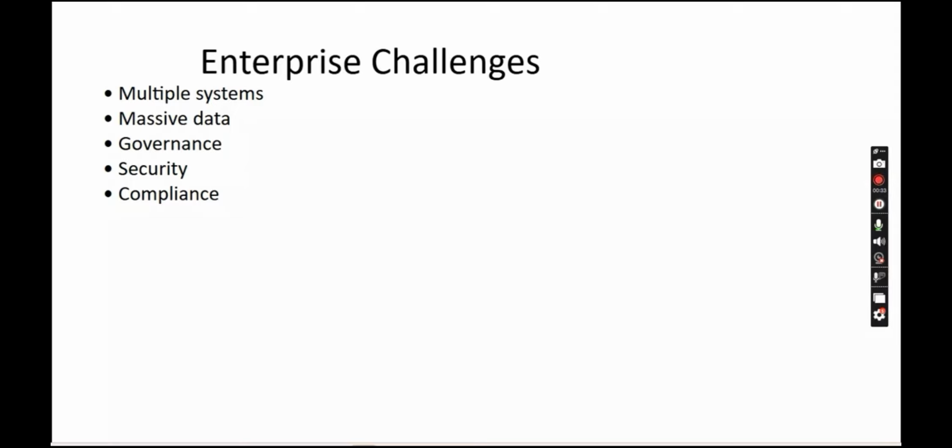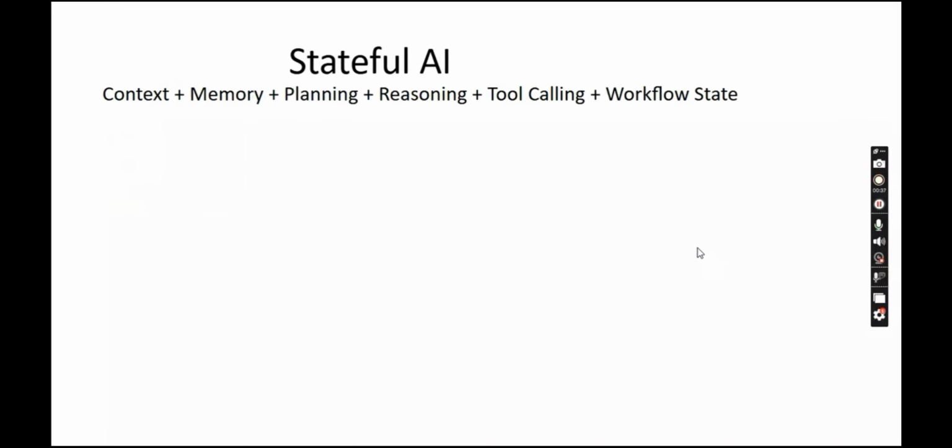The stateful AI system maintains a continuous, evolving state throughout the execution of a task. That state may include the current objective, conversation history, retrieved knowledge, intermediate reasoning, execution plans, tool outputs, memory, user preferences, workflow status, governance decisions, and even the confidence scores produced during reasoning.